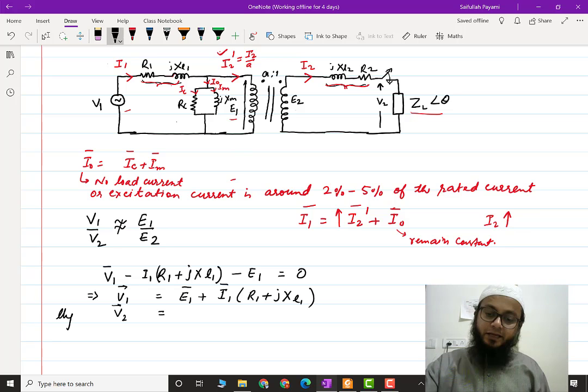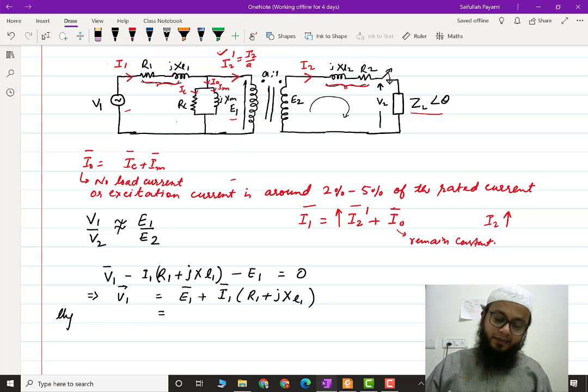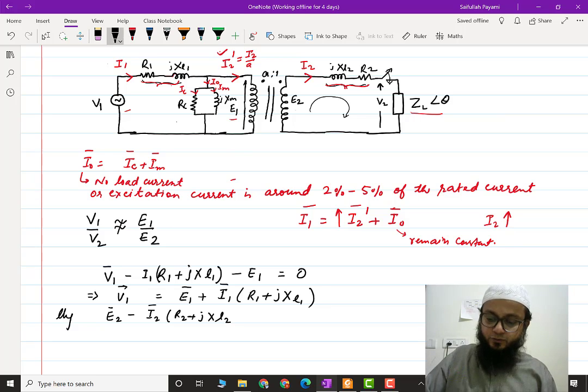Similarly, if you write the KVL in this loop, it would be E2 minus I2 R2 plus jXL2, and then this is the load voltage V2 here, so minus V2.